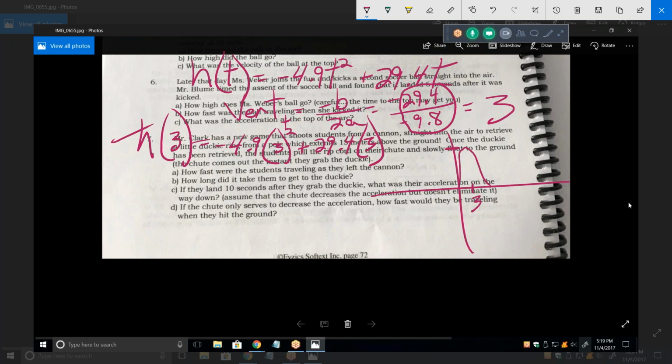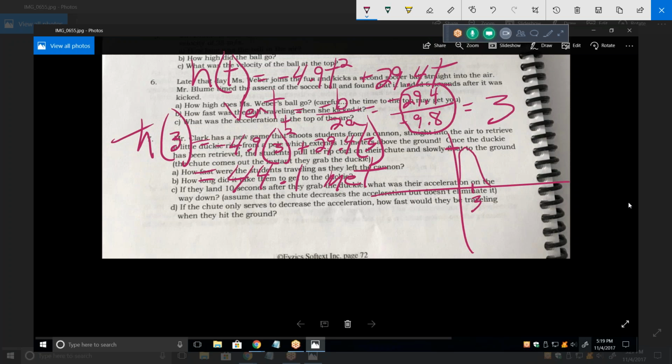That's its height at the 3-second point, which is where it hits its maximum height. I got 44.1. So 44.1 meters is the height.